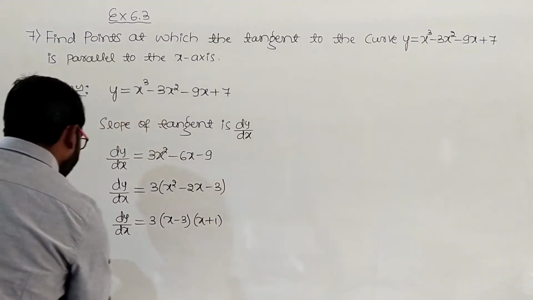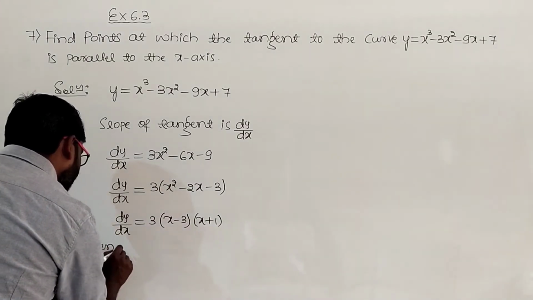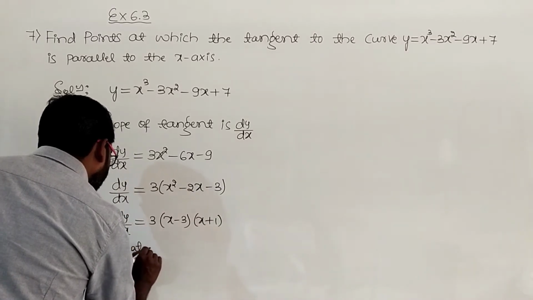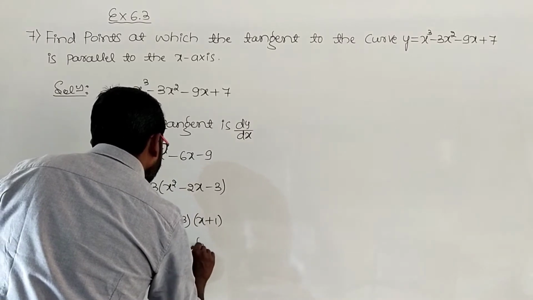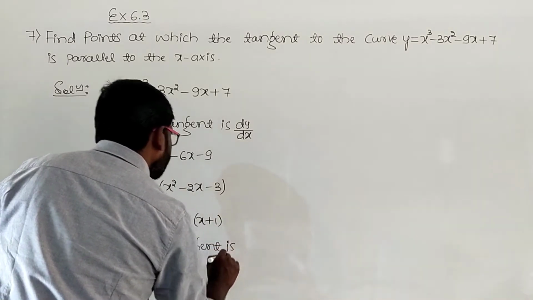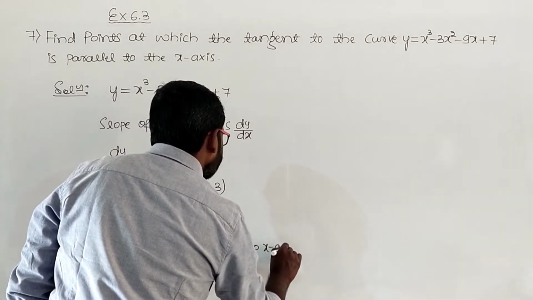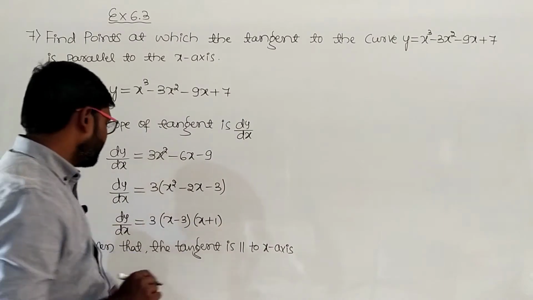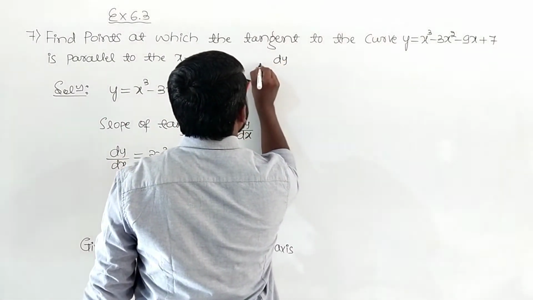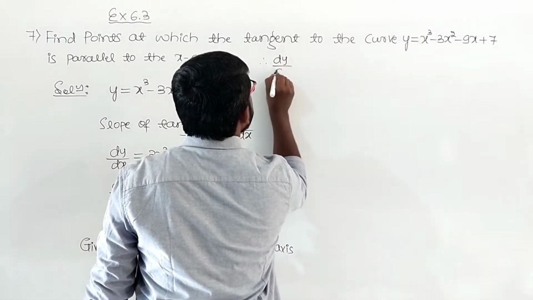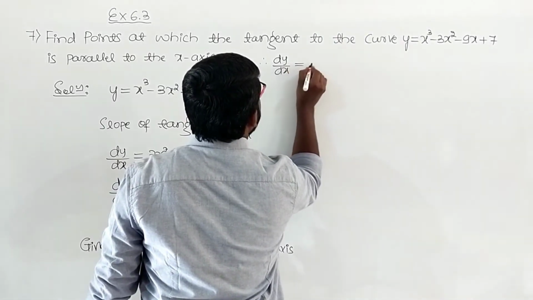So here given that the tangent is parallel to x-axis. That means dy by dx must be 0.